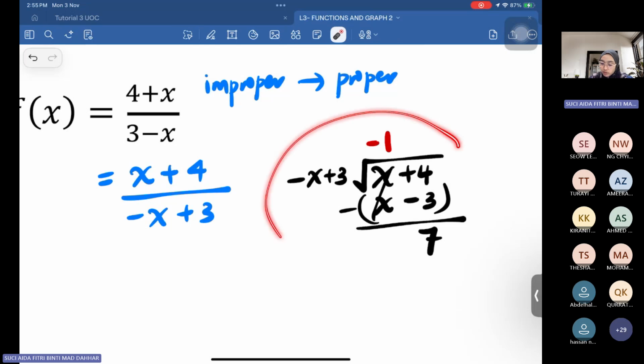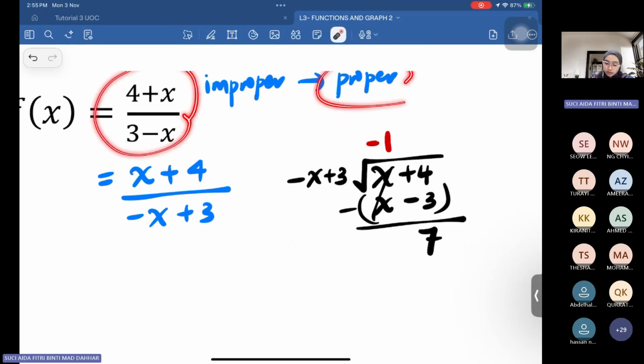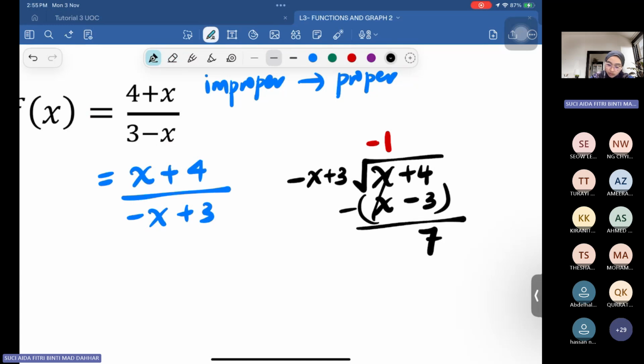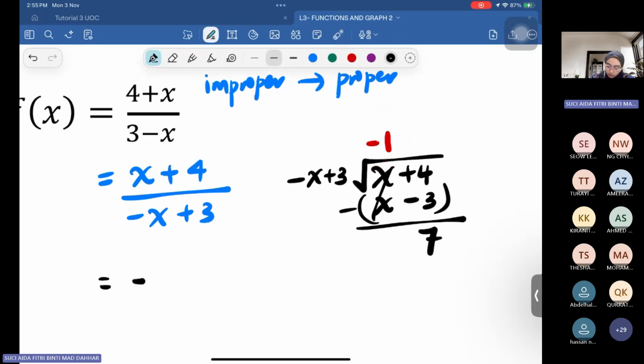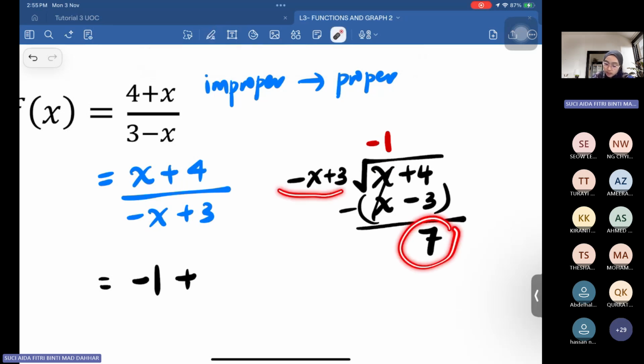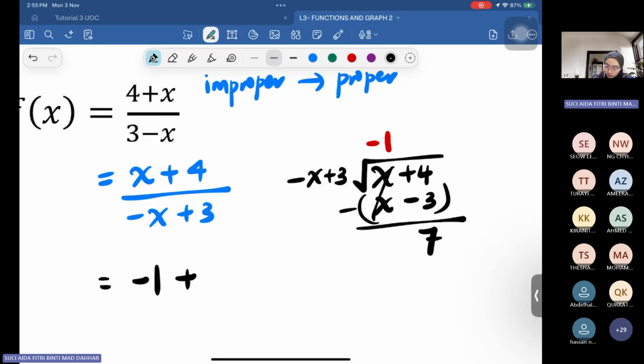Now that you have performed division, how do you write the improper fraction as a proper fraction? It can now be written as the quotient, which is -1, plus your remainder over the divisor. So I'm going to add 7 over negative x plus 3.